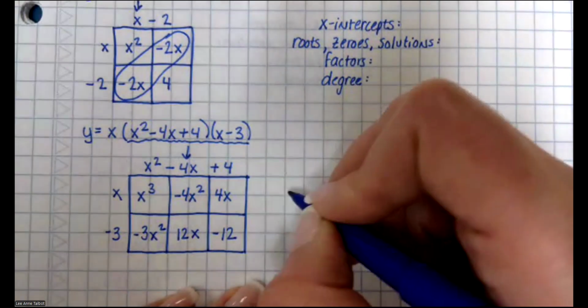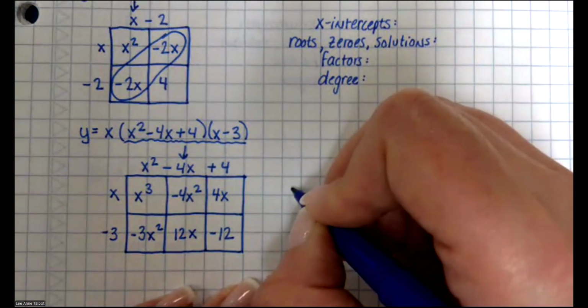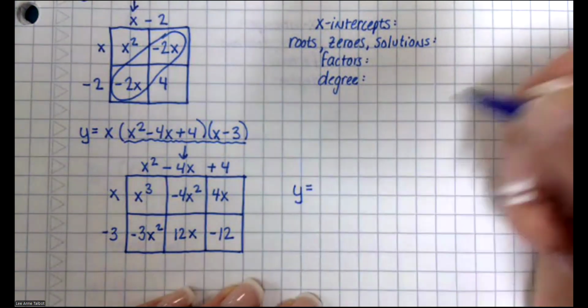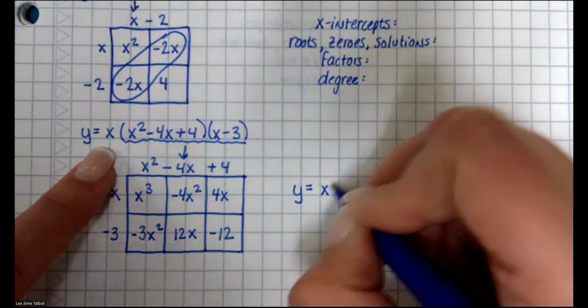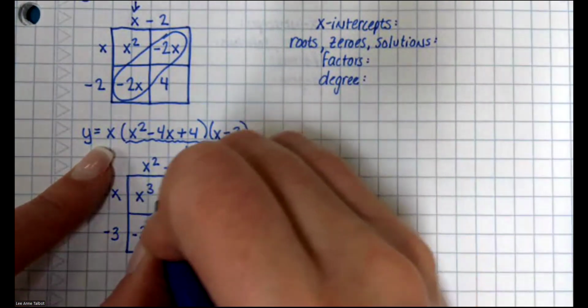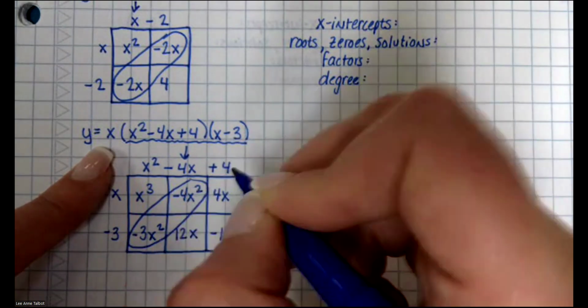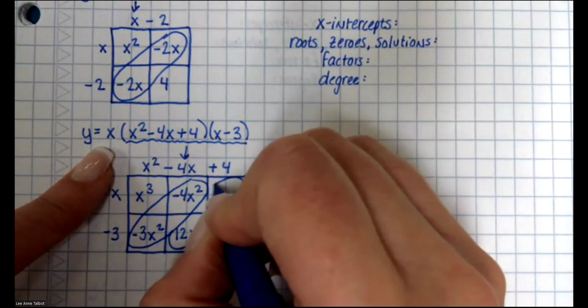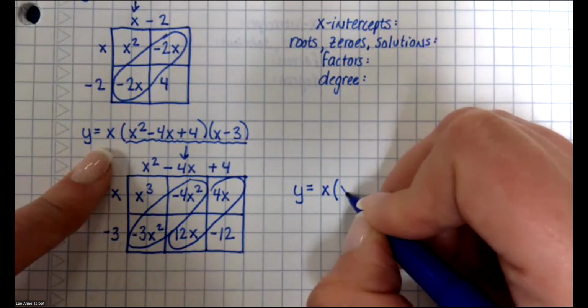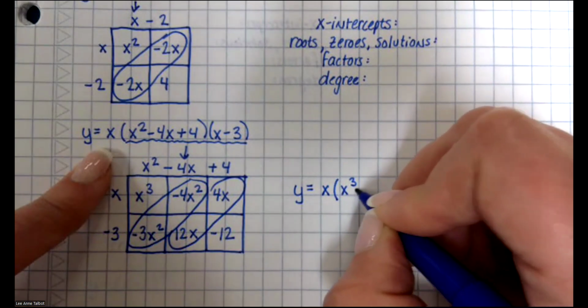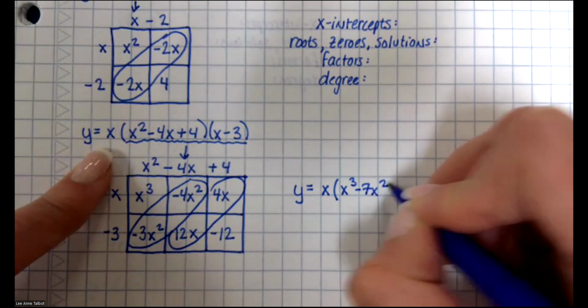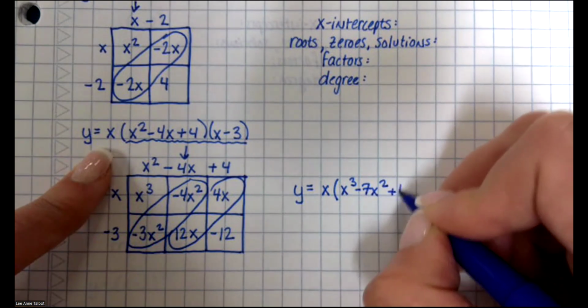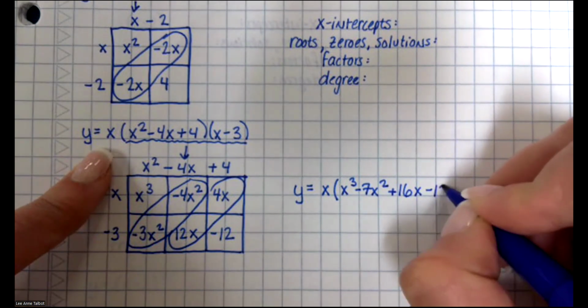Okay, and just for space saving, I'm going to put my answer over here. So I have y equals, x is still there. Combine like terms. X cubed minus 7x squared plus 16x minus 12.